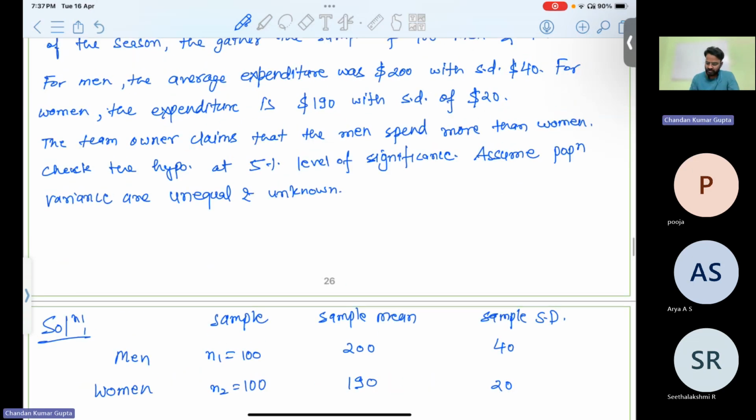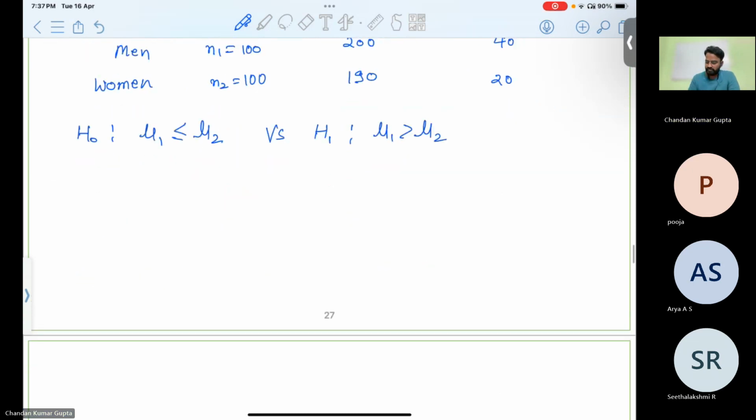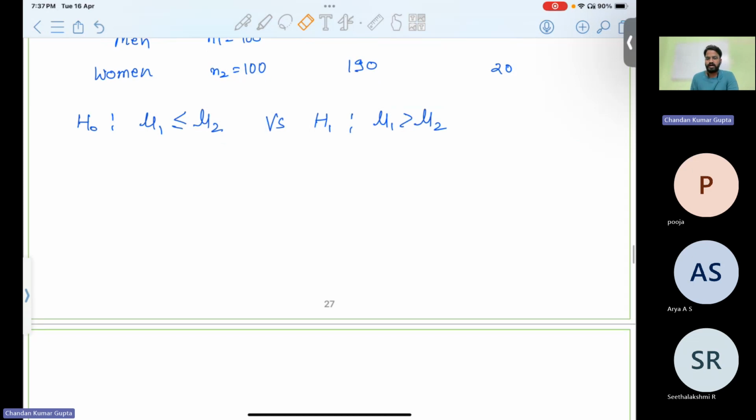Okay, we need to check whether men spend more. So that means this is men spend more. In the null hypothesis, we are only neutral: mu1 equal to mu2 or mu1 less than mu2. Okay. So yes, these are our hypotheses.